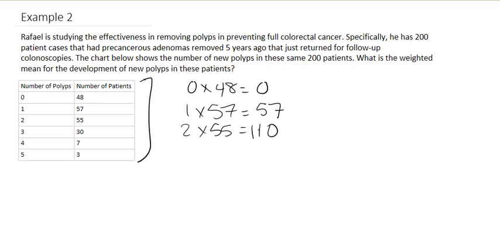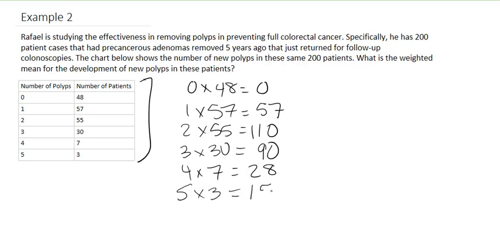Now we have 3 times 30, which is 90. 4 times 7, which is 28. And then lastly, 5 times 3, which is 15. So, this is step 1.